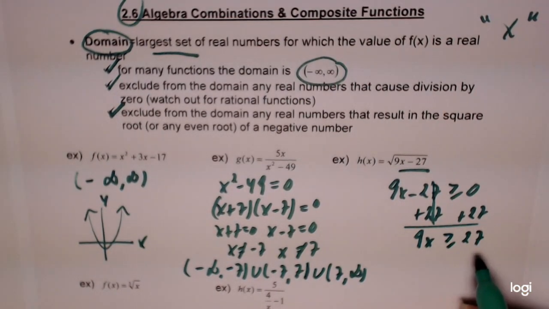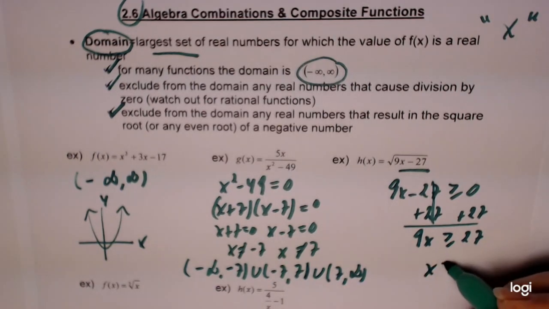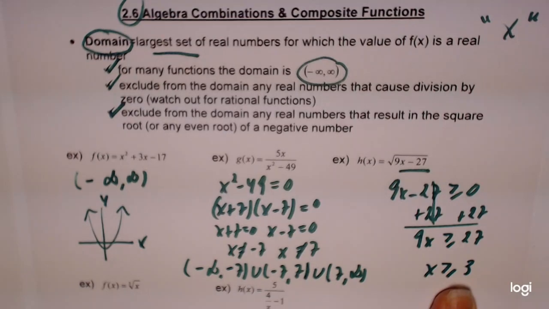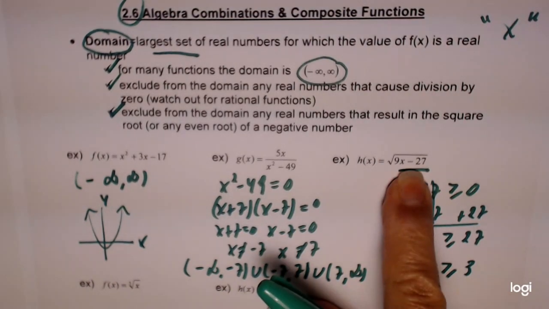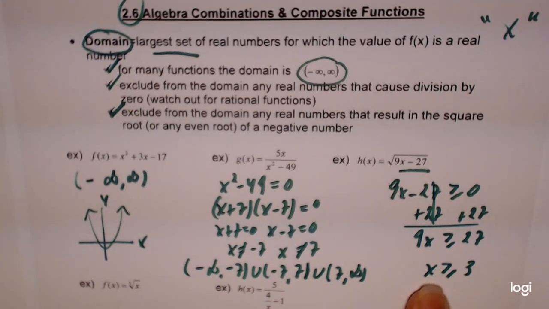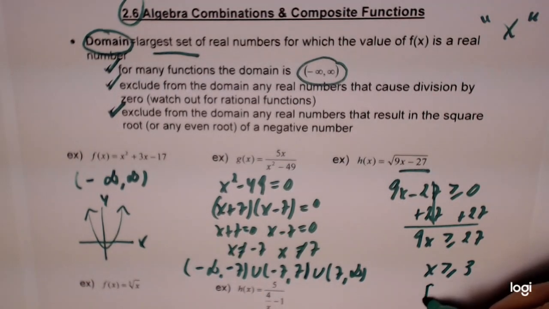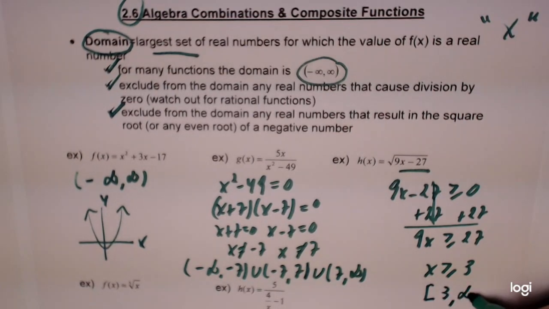Divide both sides by 9, and we get x is greater than or equal to 3. So in order to not have any negative numbers under this square root, we can only include values of x that are equal to 3 or bigger than 3. And again, to write this in interval notation, we write 3 to infinity, okay?